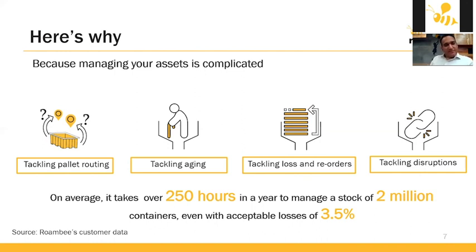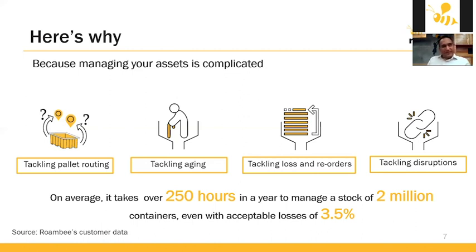The second biggest problem is tackling aging. Obviously, these pallets are sitting around across many facilities, and you don't know how many are there. And the chances are that they can be reused, but you're probably ordering new pallets because you just do not know what is aging where.